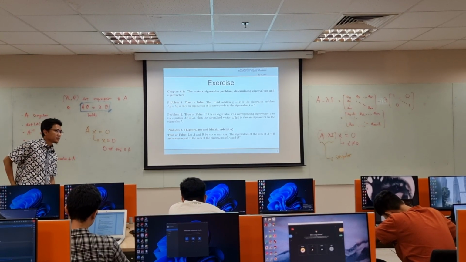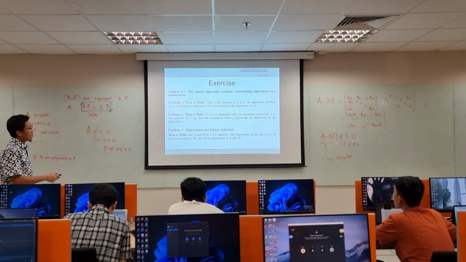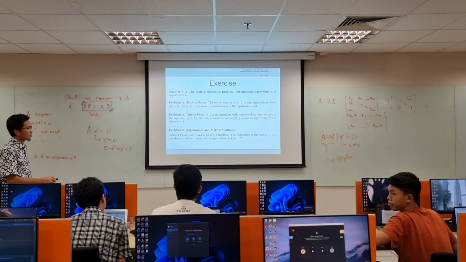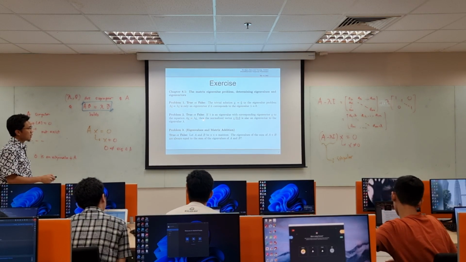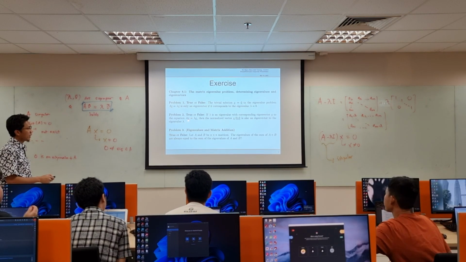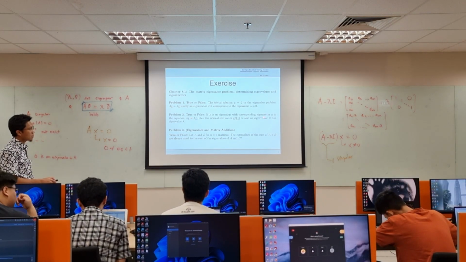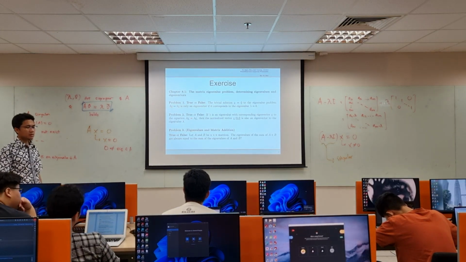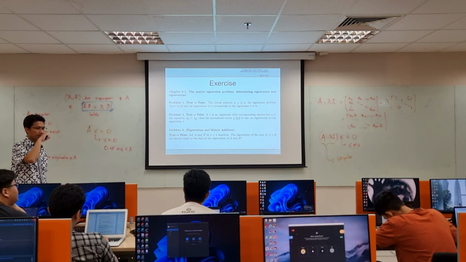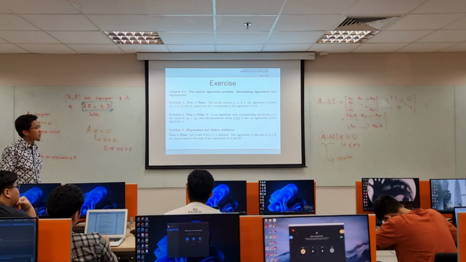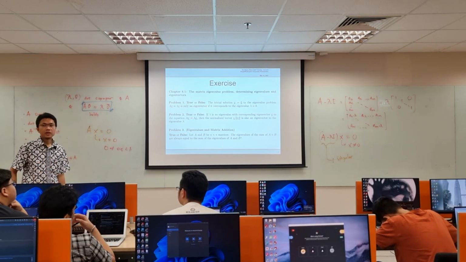Problem number 2. If lambda is an eigenvalue with corresponding eigenvector v to Ax equal to lambda x, then the normalized eigenvector is also an eigenvector to eigenvalue lambda. Is this correct? Normalized means you are taking the unit vector of the eigenvector.